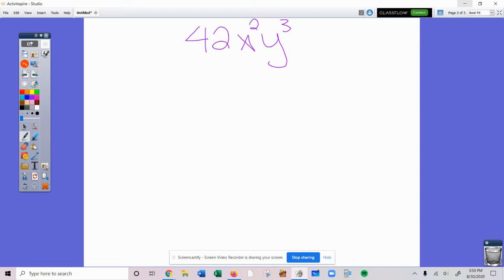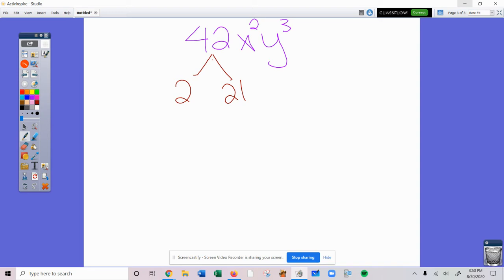Mono as a prefix means 1, so there's just one thing here. We're going to start by just looking at the coefficient, that big number in front. We're going to say, okay, what can we split 42 into? And again, if you don't know, pick up your calculator, try and divide it. You can see that it's even and just go with 2. And so 42 divided by 2 gives us 21.